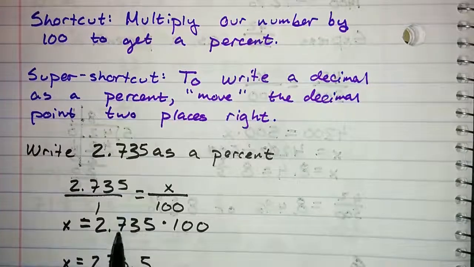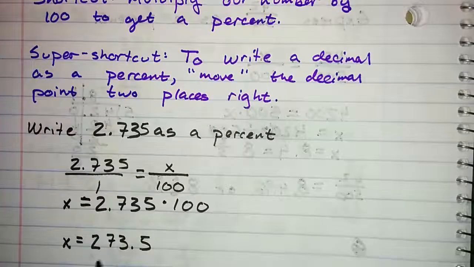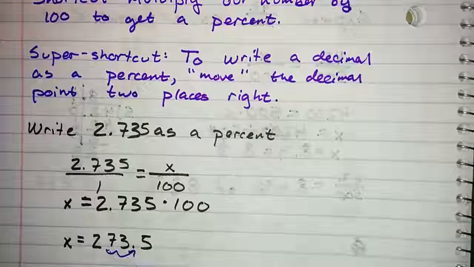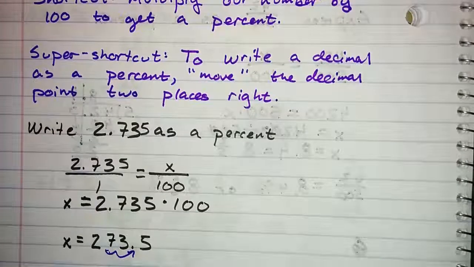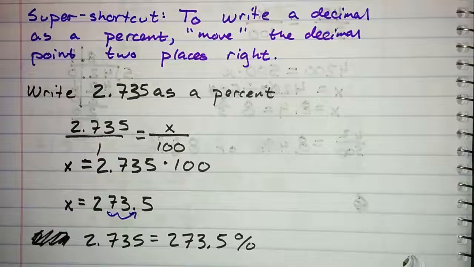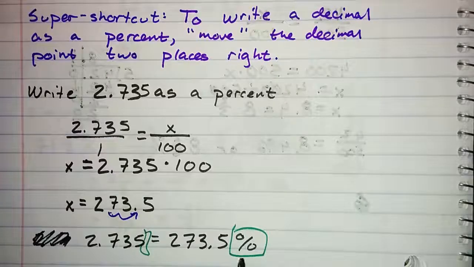We want 1 instead of 3. So our x is 273.5. We moved the decimal point 2 places to the right, if we remembered the super shortcut. And that gives us 2.735 equals 275.3%. Remember, this is a percent, this gets a percent sign, this doesn't.